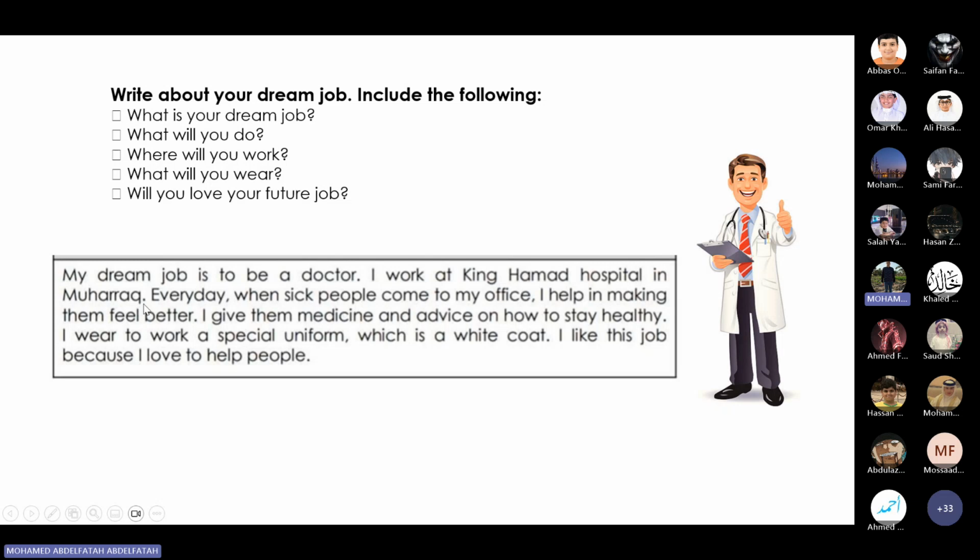Omar, full stop means you should stop. I work at King Hamad Hospital in Maharrag. Every day, when sick people come to my office, I help make them feel better.